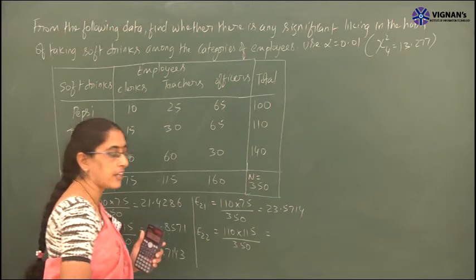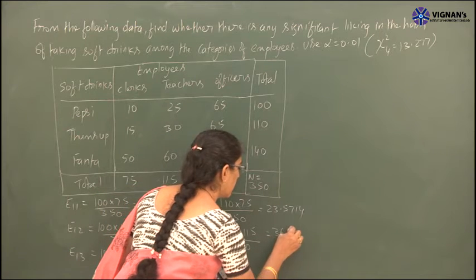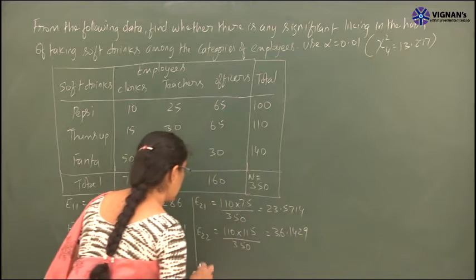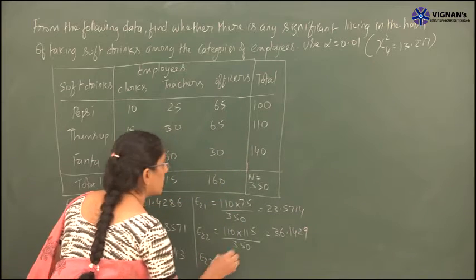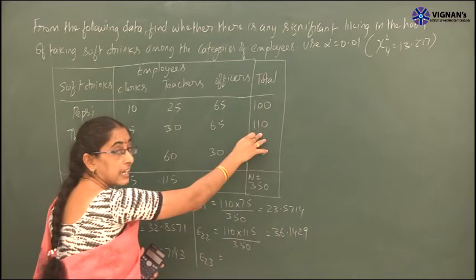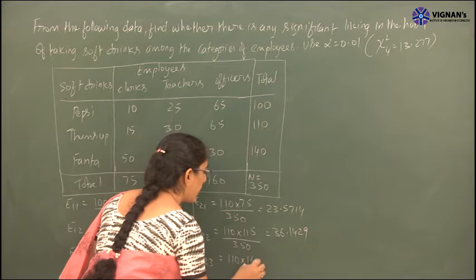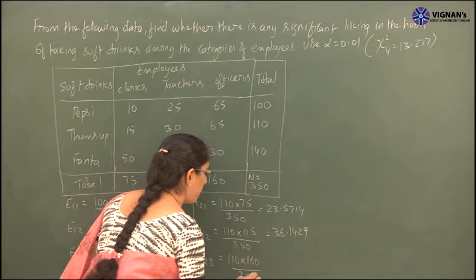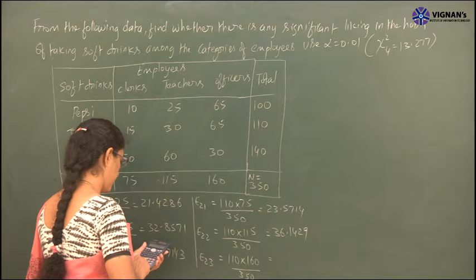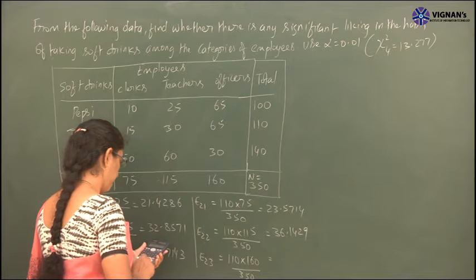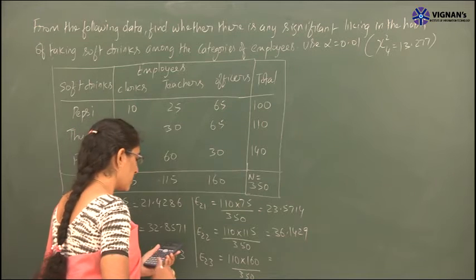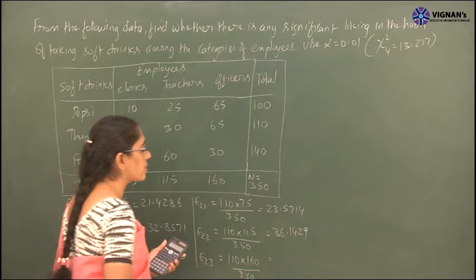That is 36.1429. Next, E23 means 110 into 160 by 350. So this is 50.2857.